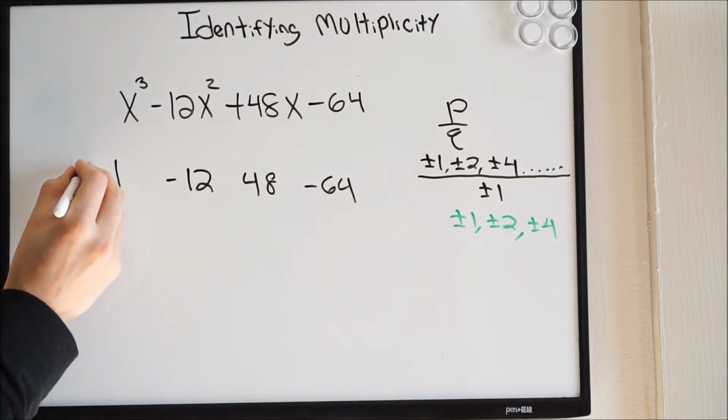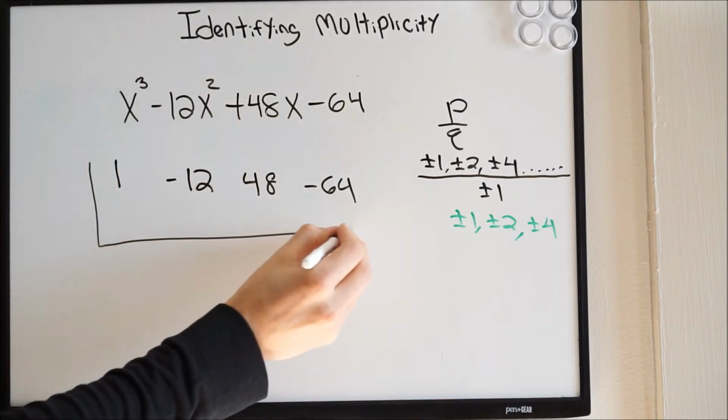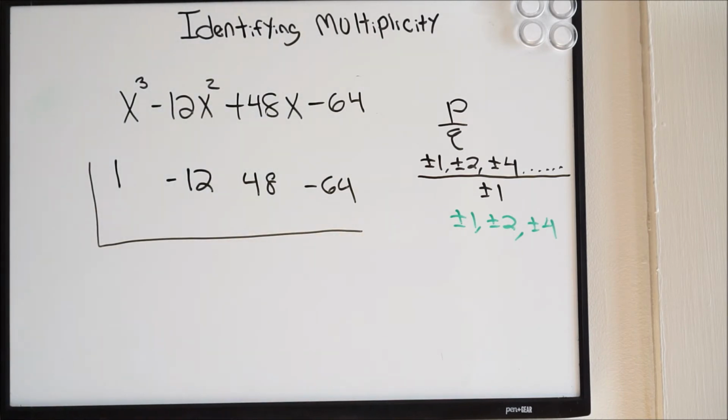Here's my synthetic division bar. We just want to pick a factor that we think could possibly work here. So I'm going to try 4, and we'll see how that works. Remember, if 4 is in fact a root of this function, we'll have a remainder of 0 at the end. That's what we're going for.